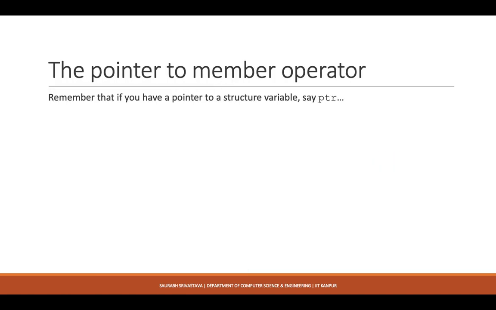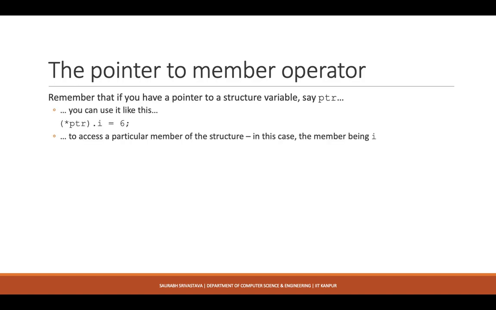Now, there is one more operator that you should know before we move ahead. Remember that in order to actually access a particular member variable of a structure, you can use something like this: asterisk ptr, and let us say ptr is a pointer to that particular structure variable. Asterisk ptr would mean the variable itself, right?